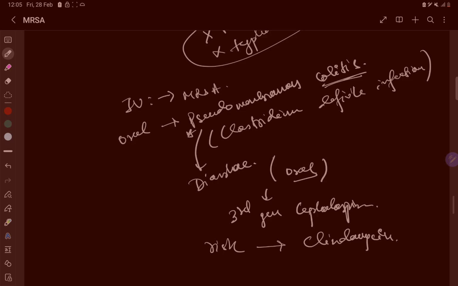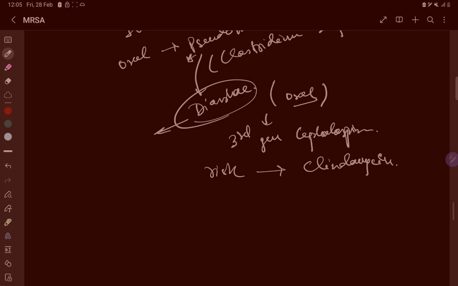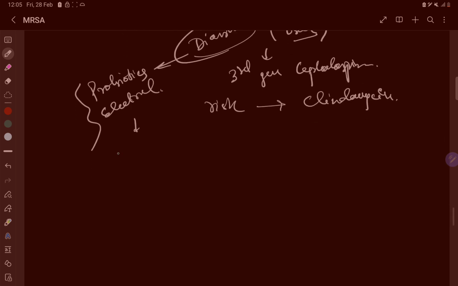clindamycin, okay. And to treat the diarrhea we can give probiotics, electral for electrolyte imbalance, okay. We can stop diarrhea by giving loperamide, but still very cautious because it's an opioid.